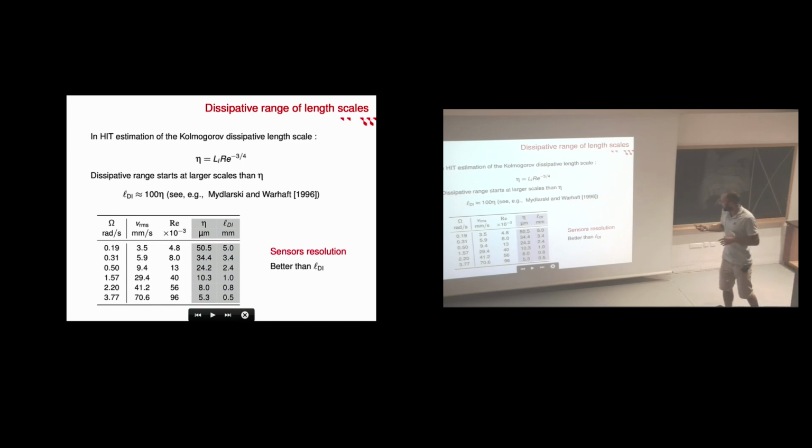Fortunately, people have reported seeing effects of the dissipation at higher scales than eta. For example, if we follow Midlarski and Warhaft, we could expect dissipative effects at scales as large as 100 times eta. So there is a hope, because in this case, our sensors should be able to resolve those near dissipative range of scales.